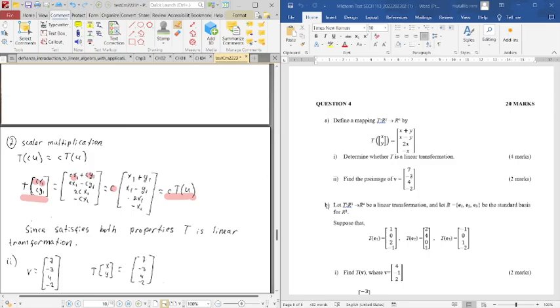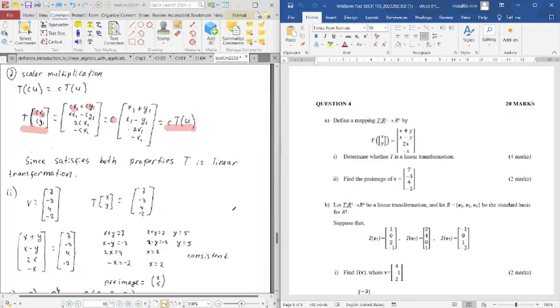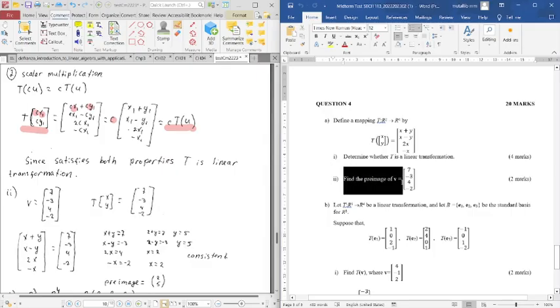So for question B, oh no, not question B, here we have question 2. It asked us to find the pre-image of V equals 7, 3, 4 and negative 2.